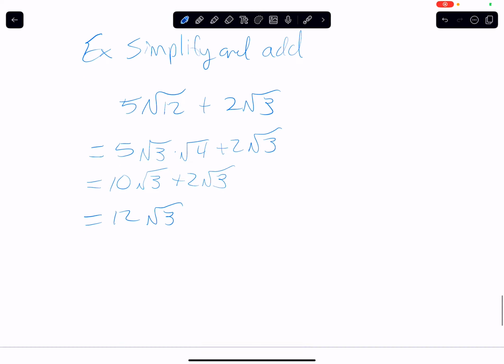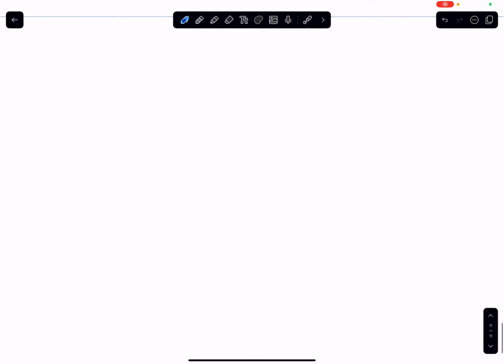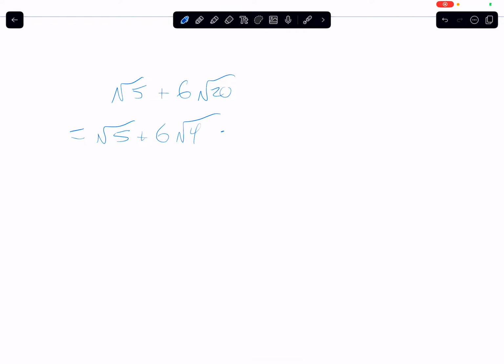Let's try another example. Let's imagine that we have the square root of 5 plus 6 times the square root of 20. Again, we have different radicands, but do we have a perfect square that we can use to simplify that second radicand? We do. The square root of 5 stays the same, and we're left with 6 square root of 4 times the square root of 5, which we can rewrite.